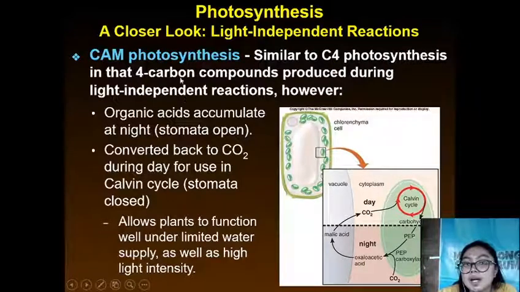However, the difference is that organic acids accumulate at night, when the stomata are open. Then they are converted back to carbon dioxide during the day for use in the Calvin cycle. Stomata are closed during the day.